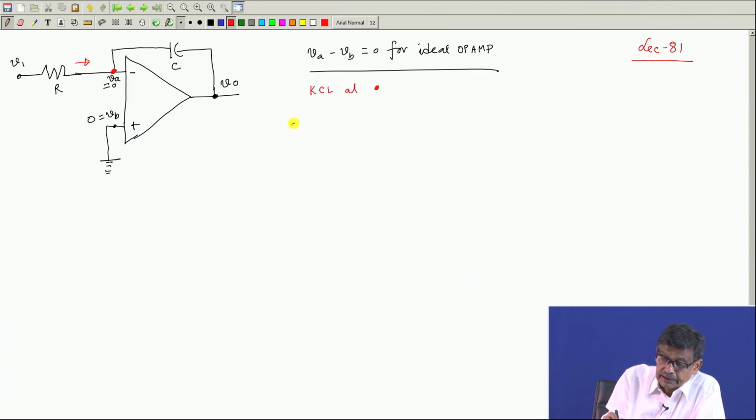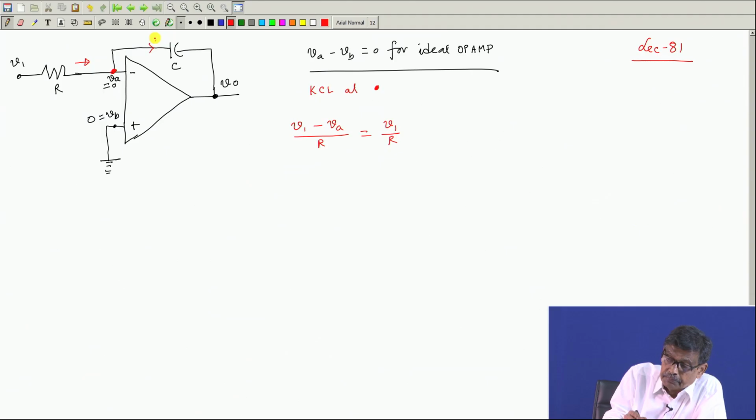This current is V 1 minus V A by R, which is the same as V 1 by R, because V A is 0. And what is the current going there? Same current has to go, is it not?